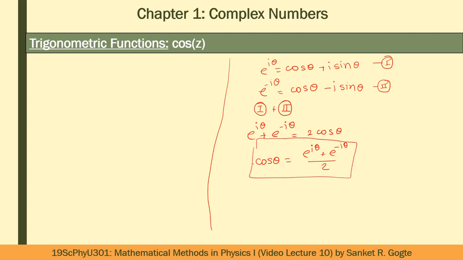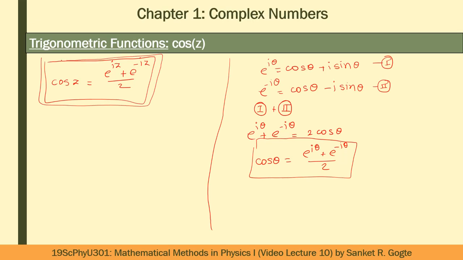Now you may have already guessed how we can define cos z. Cos z now is equal to e to the power iz plus e to the power minus iz divided by 2. So this is how you define cosine of a complex number cos z.